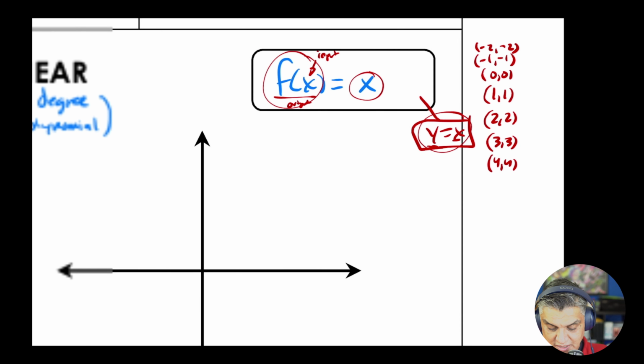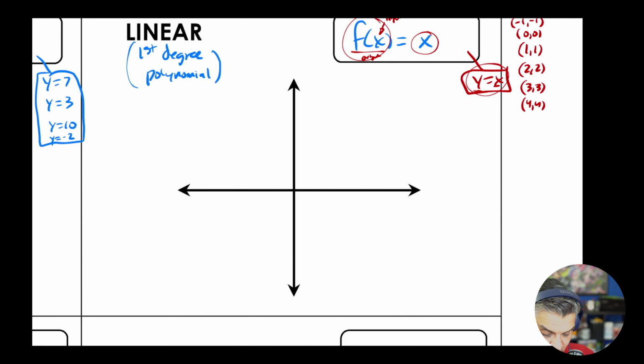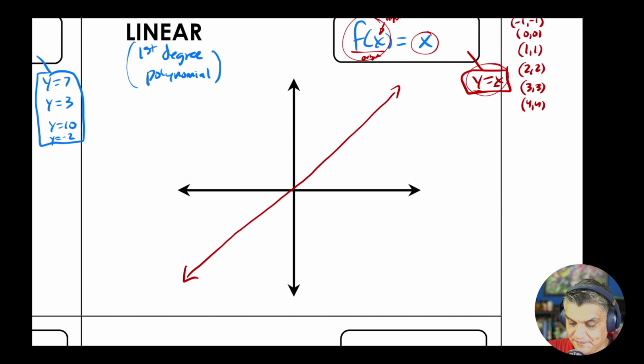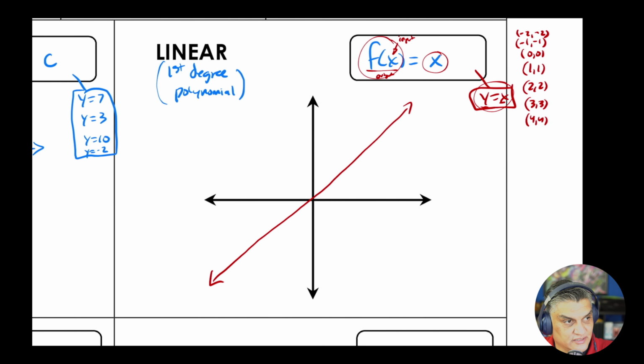That's exactly what that means. So if I'm going to do that, it's just a basic diagonal line like this. That's your basic parent linear function. It's a line. Y equals x. F of x equals x.